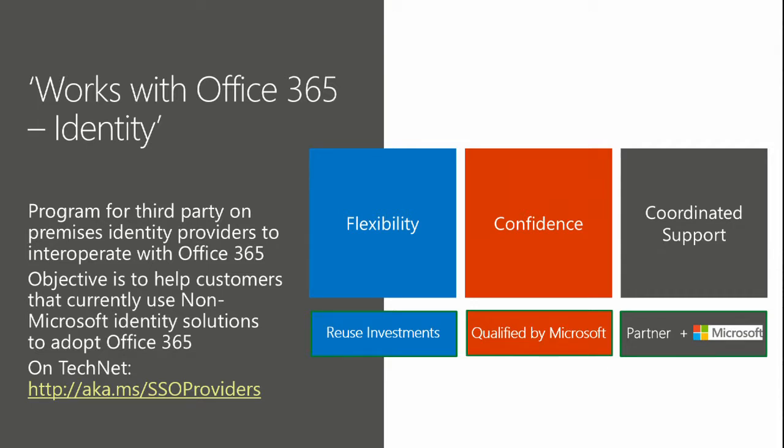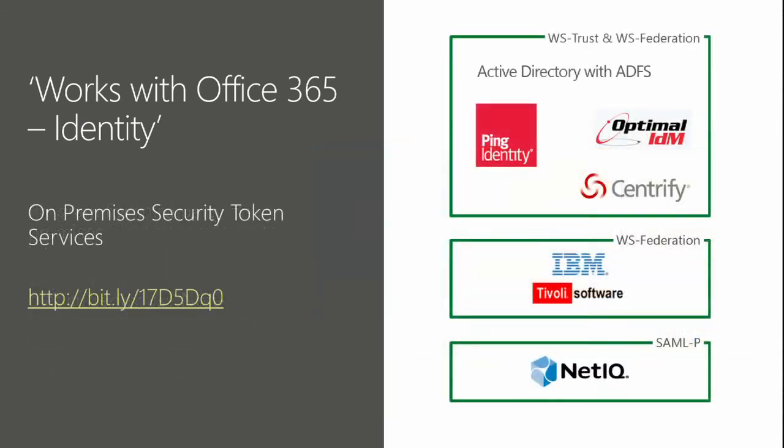So flexibility: use the identity provider that you want, confidence that it's qualified by Microsoft, and coordinated support. If you call Microsoft and you have a problem with Office 365, and we're able to determine that it's actually a problem with the identity provider, we can put you on to the third party for support. Microsoft supports the issues with Office 365, and the identity provider company would support their product. But the two work together through this program.